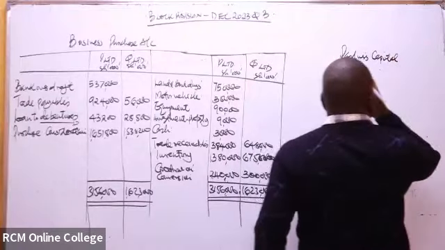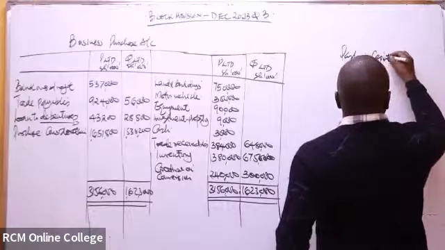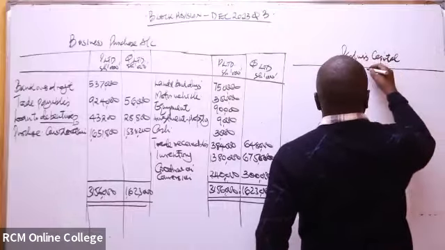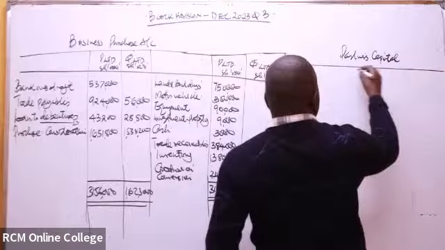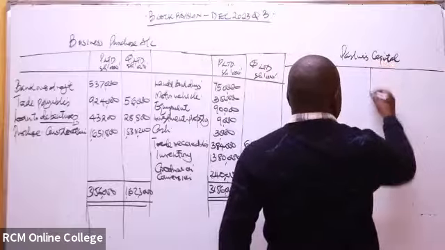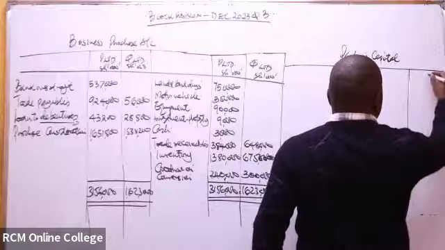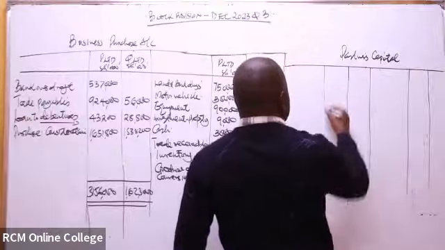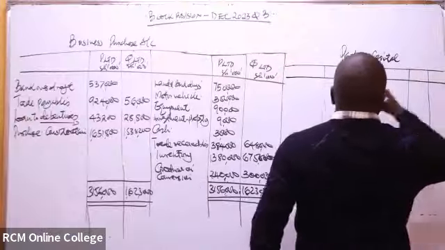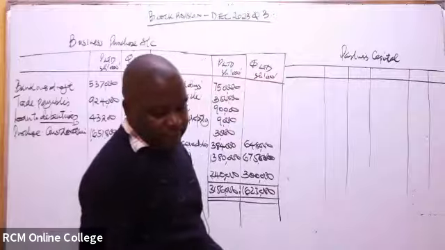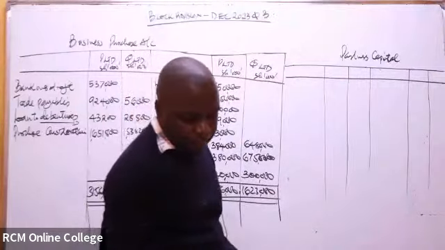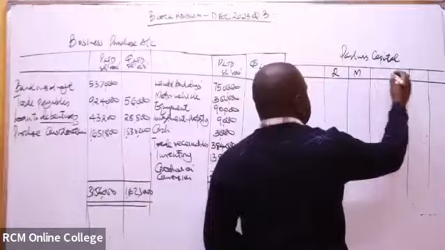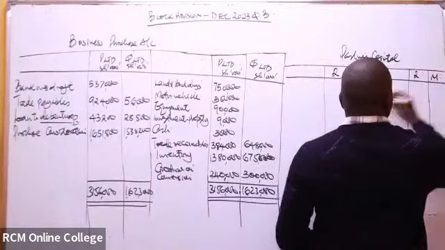I don't know whether it will fit here, but let's see. There are two partners here, R and M.